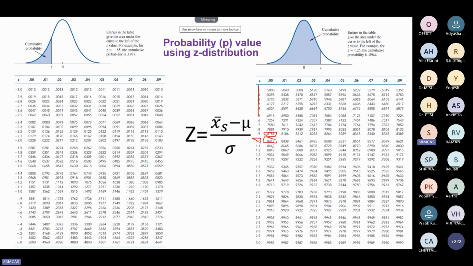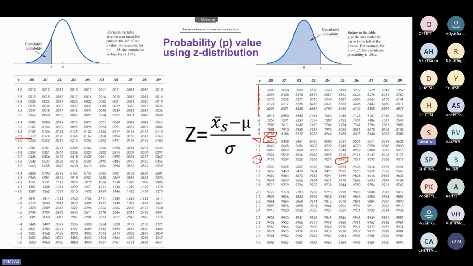If it is a two-tailed test, then we should take both sides into consideration. Like this, if we take a z value of 1.45, then 1.4 and the decimal 0.05 will give the probability value of the desired value.